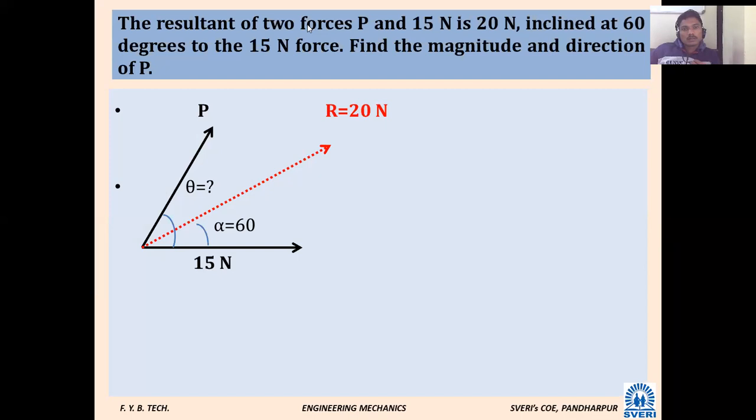Find the magnitude and direction of P. All of you read this problem statement carefully for 1 minute, then I will ask questions.